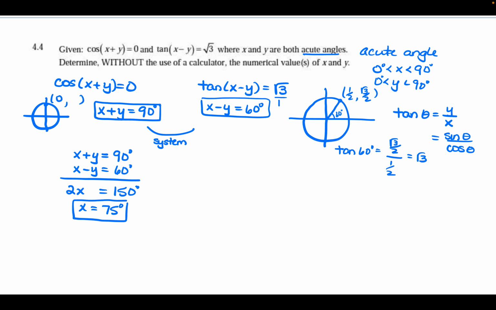And once we have x, we know by using either equation that y is equal to 15 degrees. And yes, those are both acute angles, so we are all set.